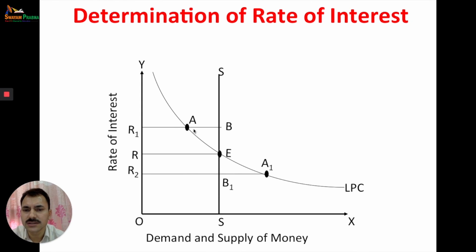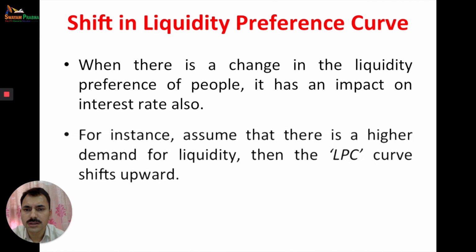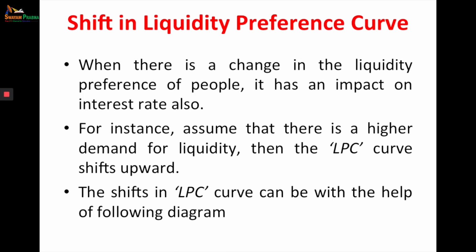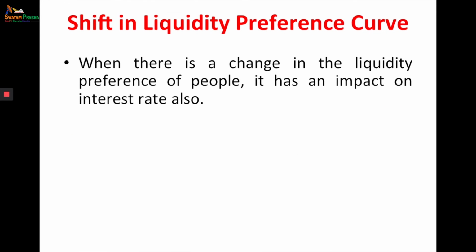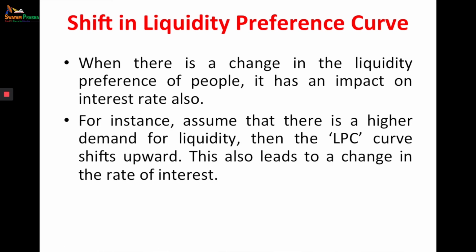Increase and decrease of the money supply are due to various methods, quantitative and qualitative; we'll discuss them in other lectures. But when there is a change in the liquidity preference of the people, it has an impact on the interest rate also.